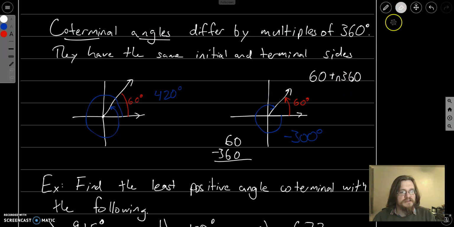So I think this will look better at the end, 360 times n. So here, if I take 60 and I add 360 to it however many times that I want, I'm always going to end up in exactly the same place because this is just a complete rotation. Now n could be a positive number. I could add 1 rotation, 2 rotations, 3 rotations, or I could rotate backwards like I did here.